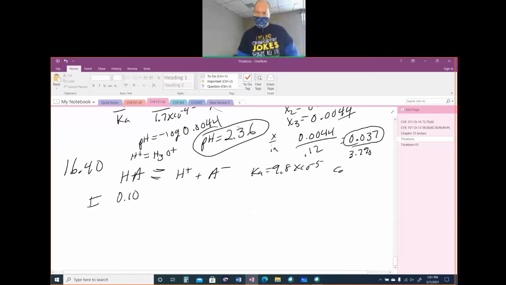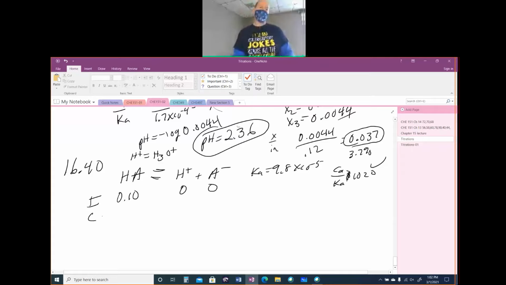So we can check our CA over our Ka and see if that is greater than 1,000. So you take your 0.1 divided by your 9.8 times 10 to the negative 5, and you get 1,020. Okay, so barely, but yes. So 1,020 is slightly greater than 1,000. So we are good. So x we can use as our final answer.